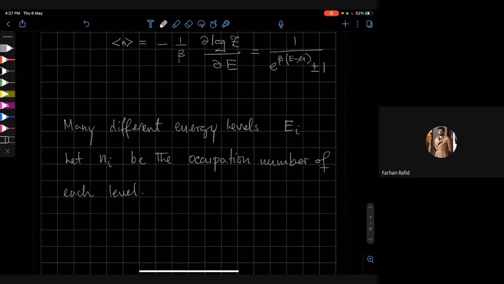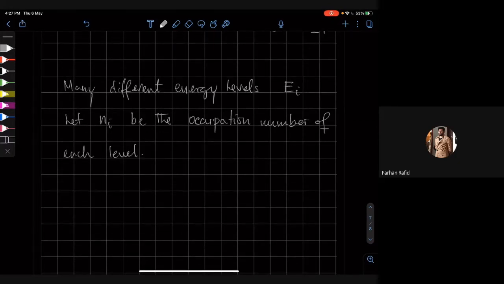So for fermions, it can be 0 and 1. For bosons, it can be anything. Then the Boltzmann factor for any given configuration is e^{β(N1 μ − E1)} e^{β(N2 μ − E2)} and so on, depending on how many energy levels we have.